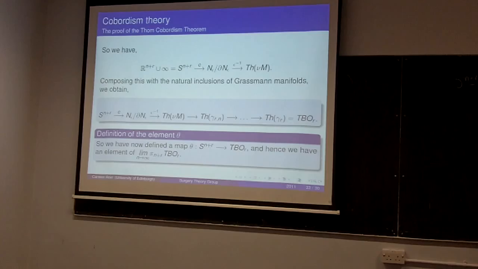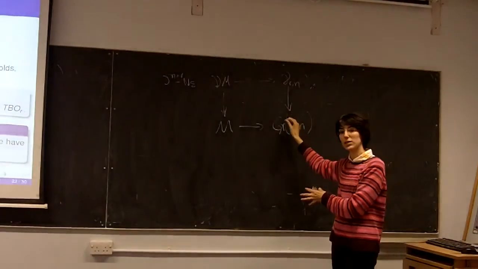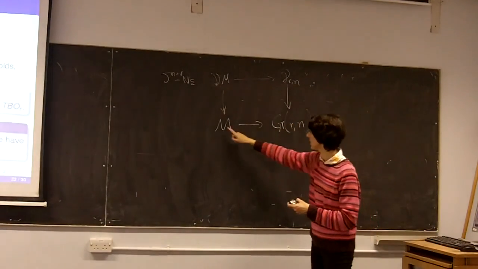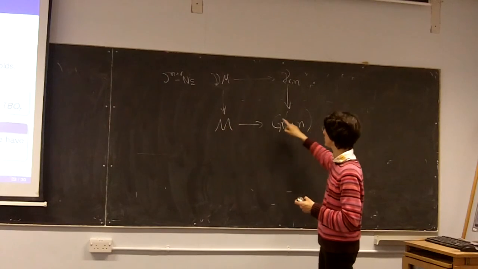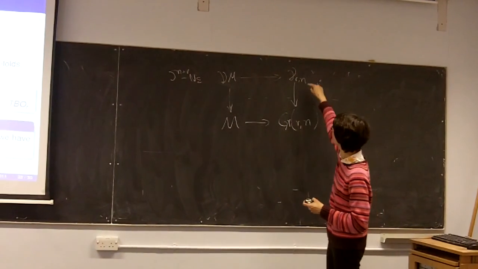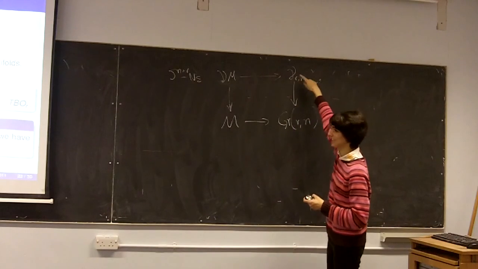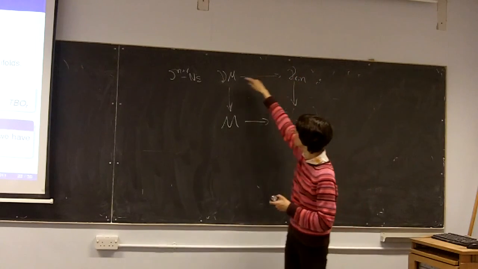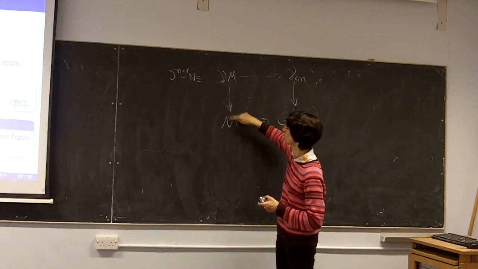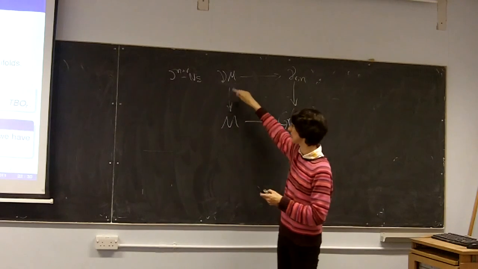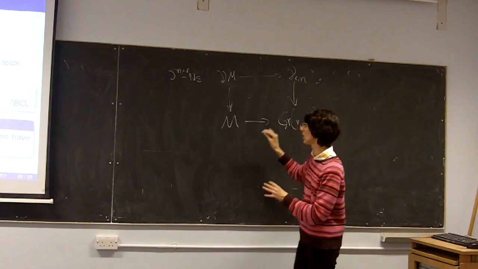So this map is clear. You have an embedding of M into the Grassmann manifold, and you have your universal bundle over it. As it is the universal bundle, you can pull back the normal bundle of M, that is over M. So this is just a pullback construction.